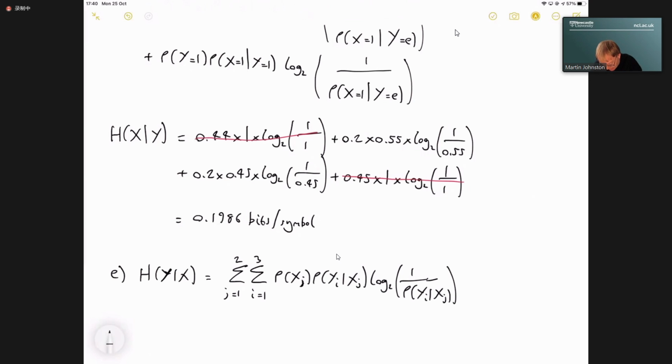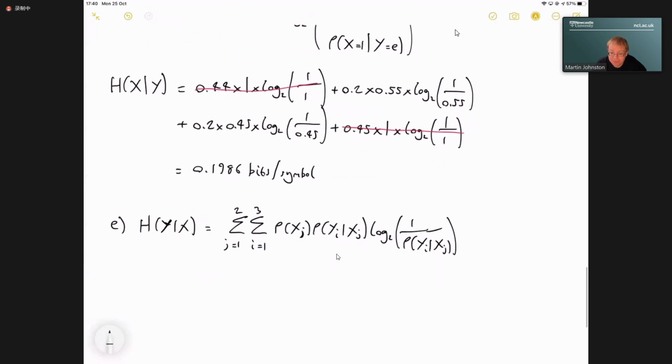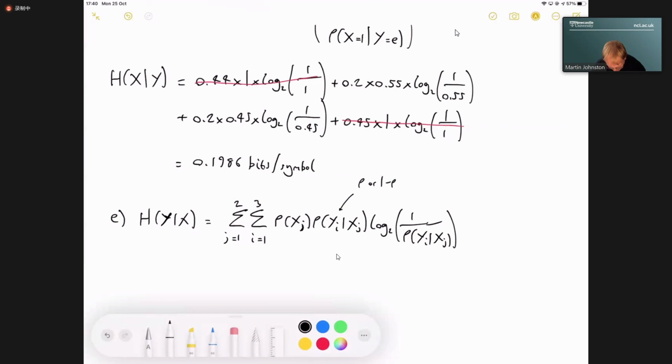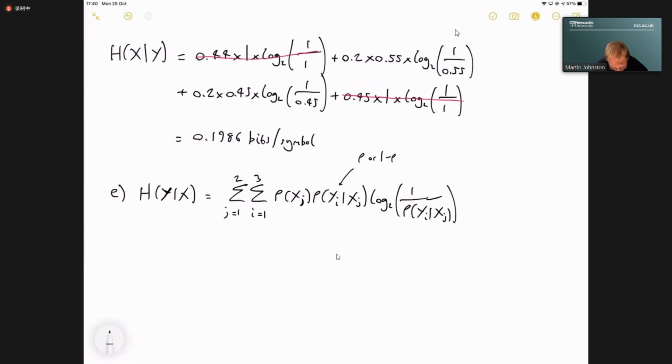So again, we have all those probabilities. So remember that, of course, this is p, or 1 minus p. So we know that at the start. And we know the probability of x. So again, if we just expand that, we get this.